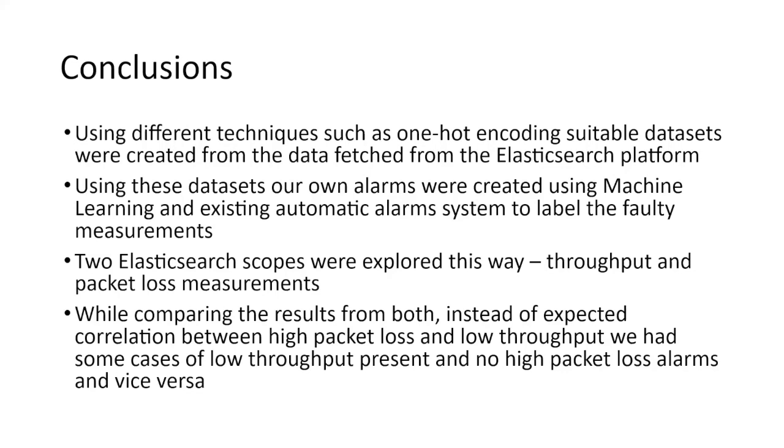While comparing the results from both, instead of the expected correlation between high packet loss and low throughput, we had some cases where it wasn't present, and it's an interesting topic to explore further. So that would be all. Thank you for your attention.